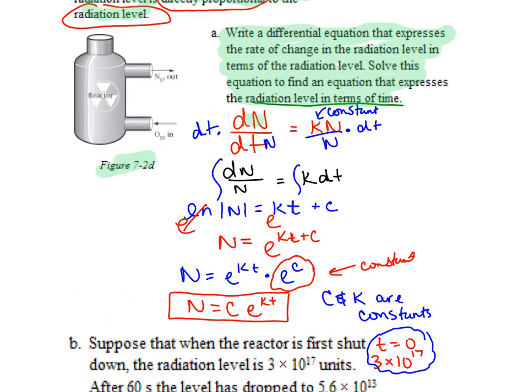We need dN and N to be in the same place, so divide by N on both sides. We're going to end up getting dN divided by N equals k dt. We're going to get kt plus c and a natural log of N. Didn't bother writing c's on both sides. Raise e to the power on both sides, and we're going to get N equaling all this good stuff. e to the c can be expressed as just some kind of constant.